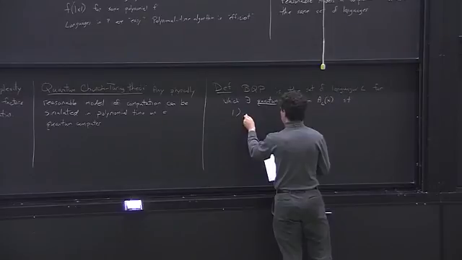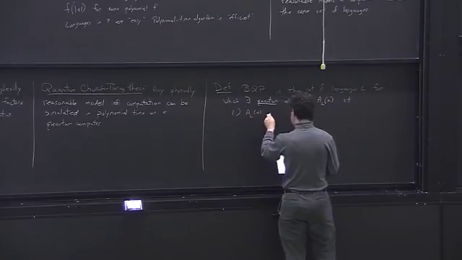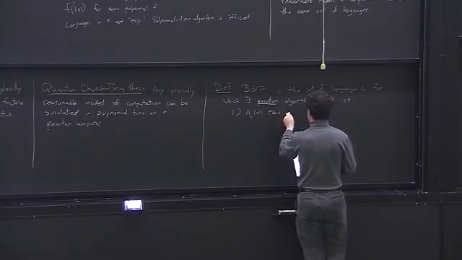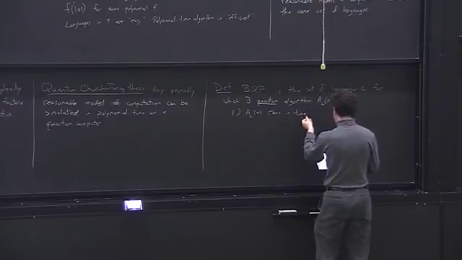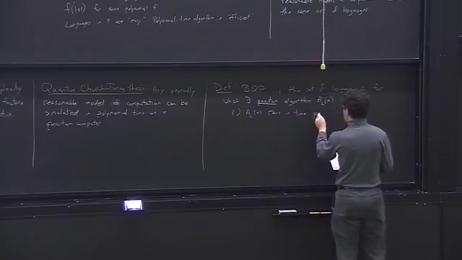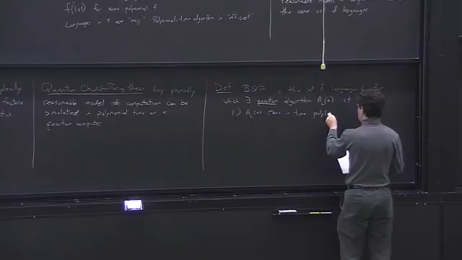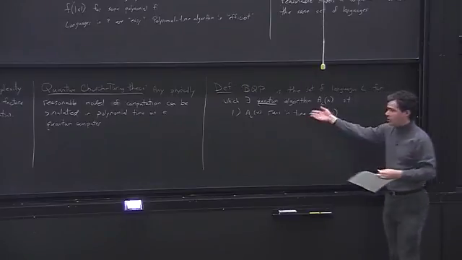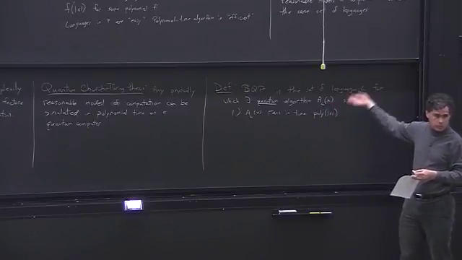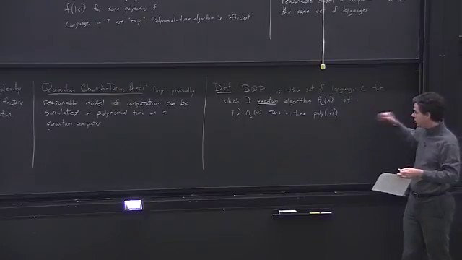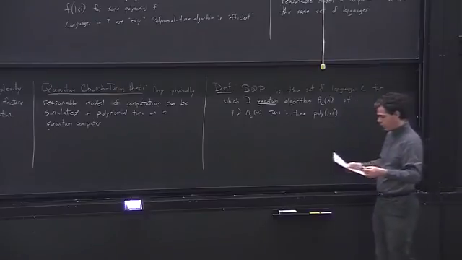So first of all, it should run in polynomial time. And since it's a quantum algorithm, it only runs on a quantum computer, so I'm not going to stick in the word quantum anymore.